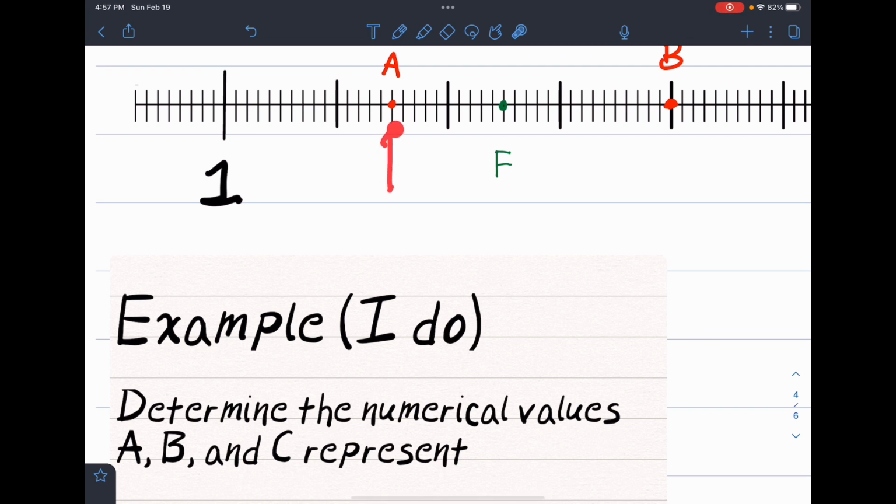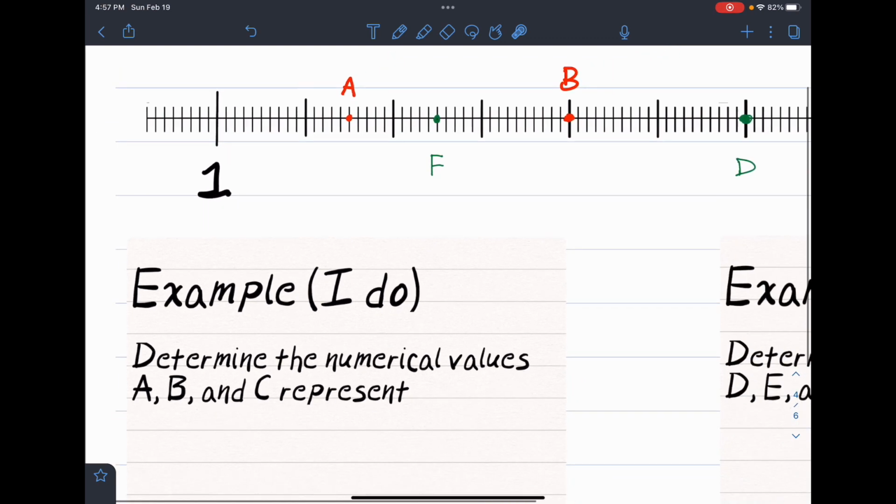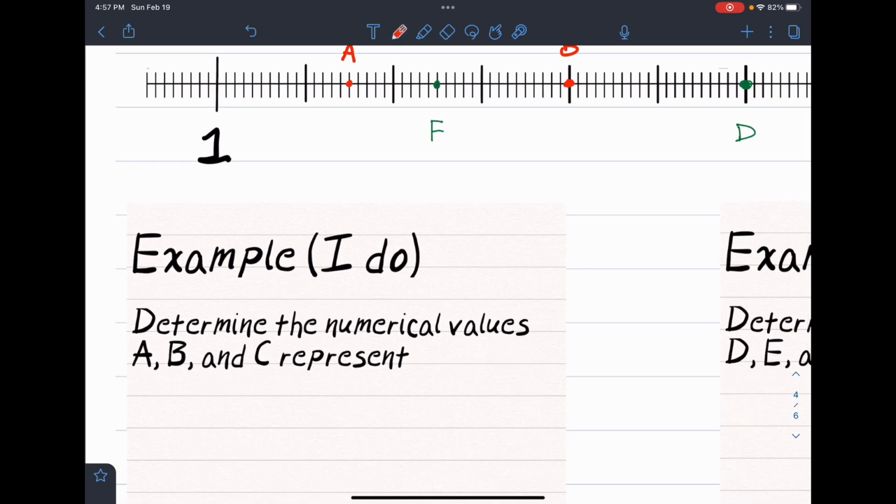So A is right here, and to the left of A, we go this way, and that number is 1. So the whole part of A is 1. So let's just write that right now. A is equal to 1. And there's going to be a fractional part, so we put a decimal.